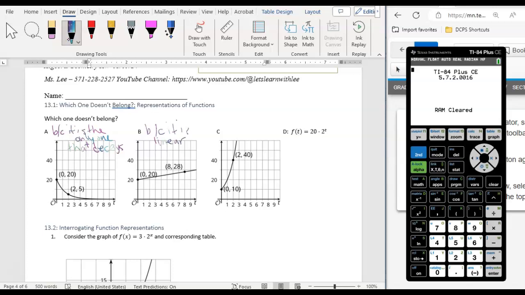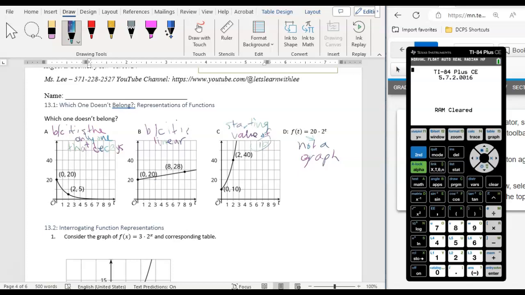C we can say it is different because it has a starting value of 10. That's the only one like that. All these other ones are starting with a value of 20. And then D, we could say that it is not a graph, right? It's written as an equation.